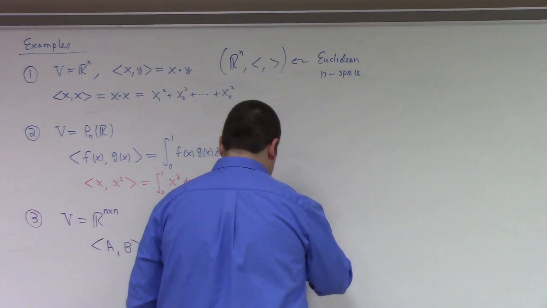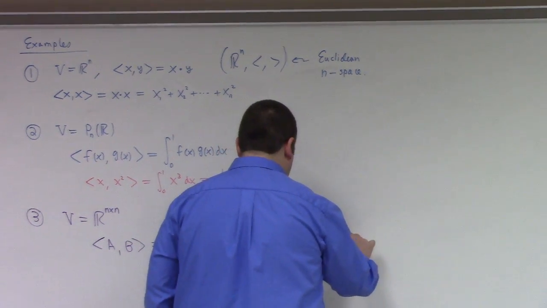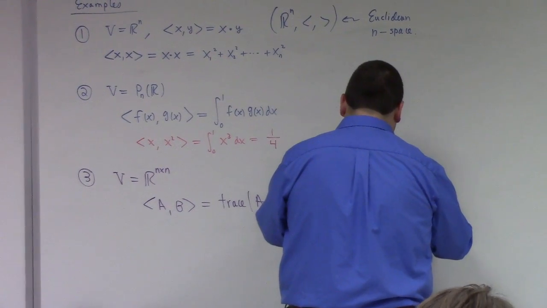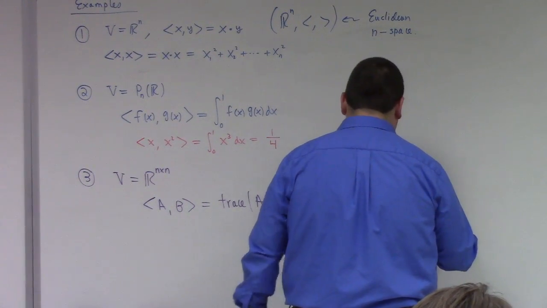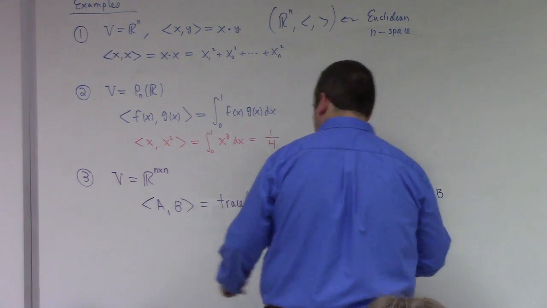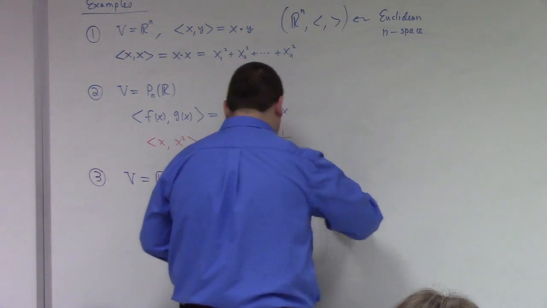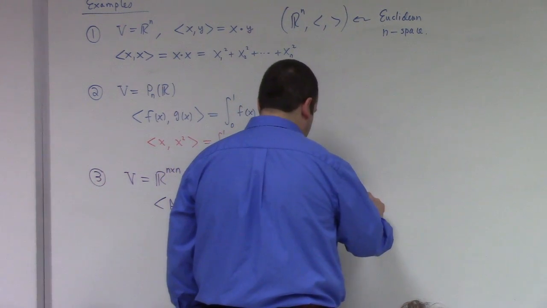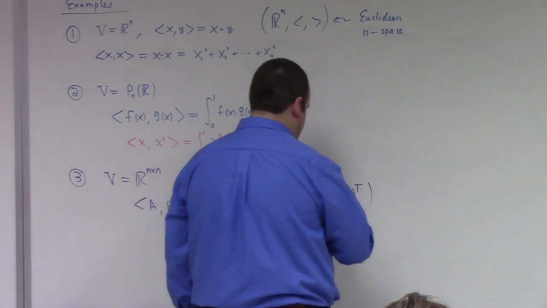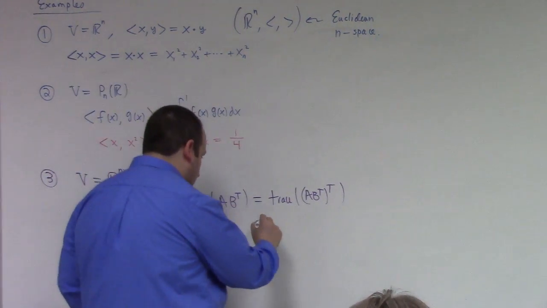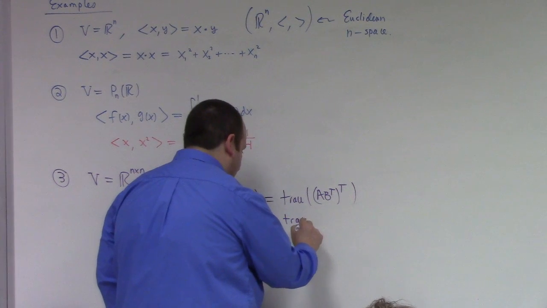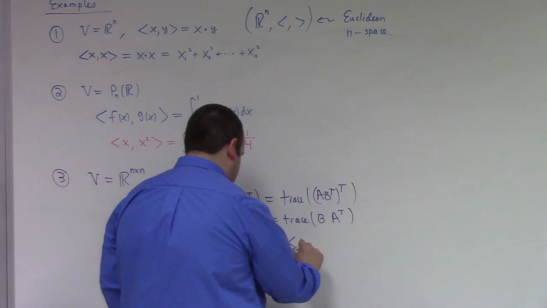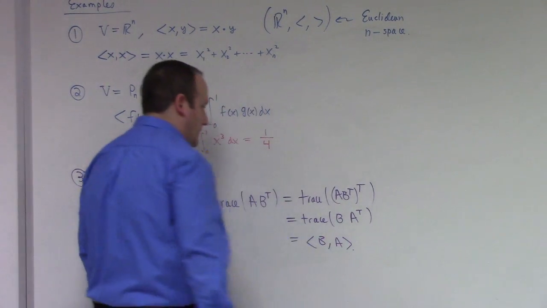So that's A transpose B. Let me try that again. This is the trace of A B transpose. Transpose, using the trace thing I said first, then use socks and shoes. I don't even have to use the cyclicity of the trace. So that's B A transpose, which is B A according to our definition.